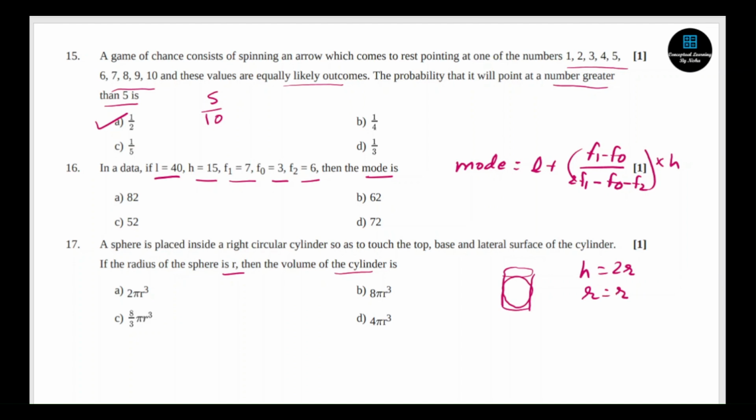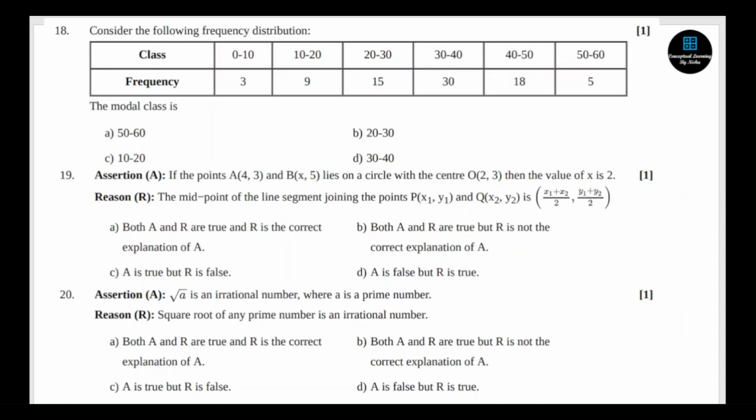So the volume of the cylinder is what? It is pi r square h, correct? Now substitute h equals 2r. So what do we get? 2 times pi r cube, correct? So it is the first option. Very easy, correct?